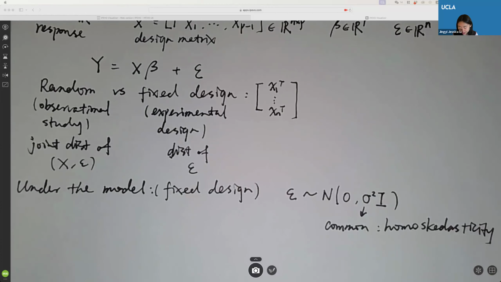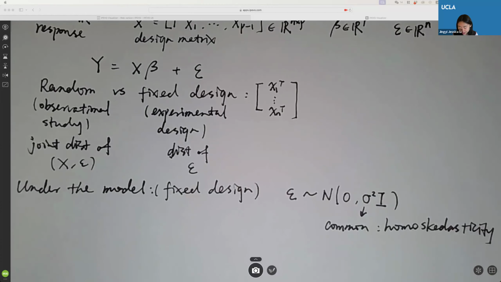You must consider both X and epsilon together to be random. So we can use the law of total variance, that is, the expectation of the variance of beta hat conditional on X, plus the variance of the conditional expectation of beta hat given X.